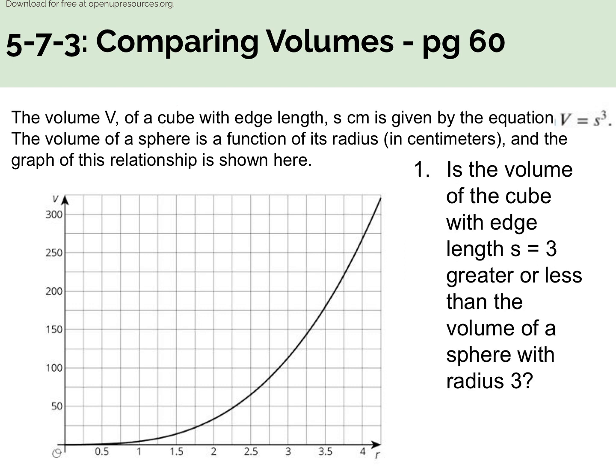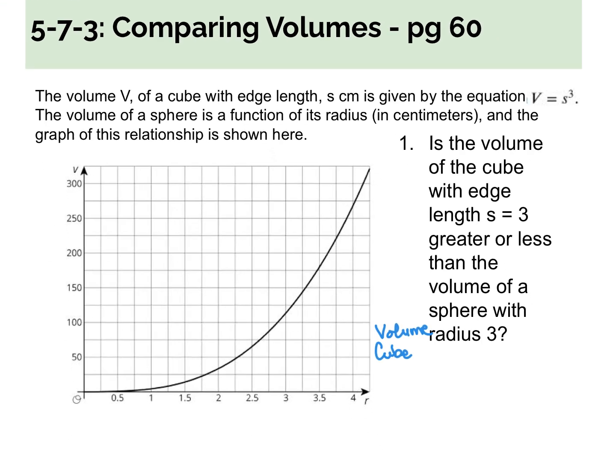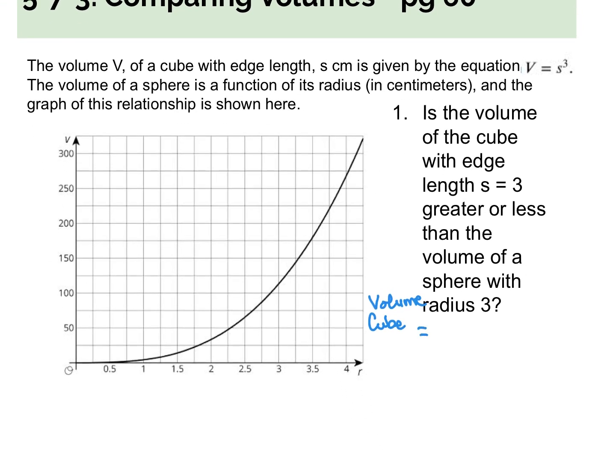If you look at number 1, it says, is the volume of the cube with edge length S equals 3 greater or less than the volume of the sphere with radius of 3? Again, we're looking at 2 different things. Let's look at the volume of the cube. Our side length is 3, and we're cubing it.